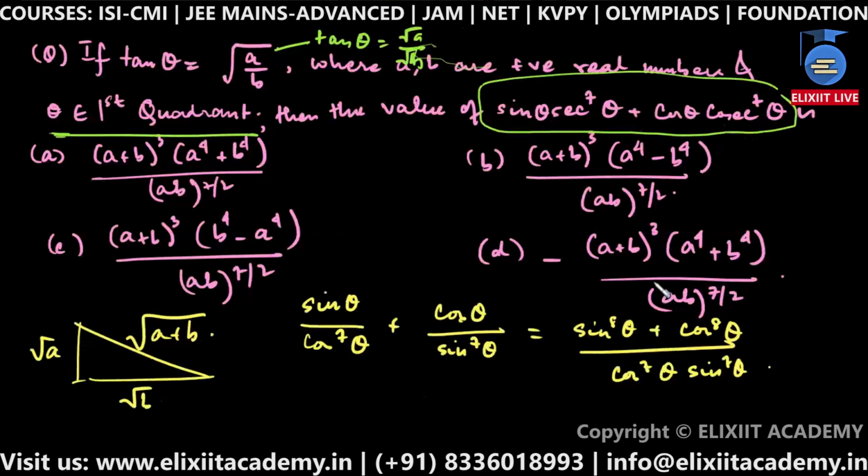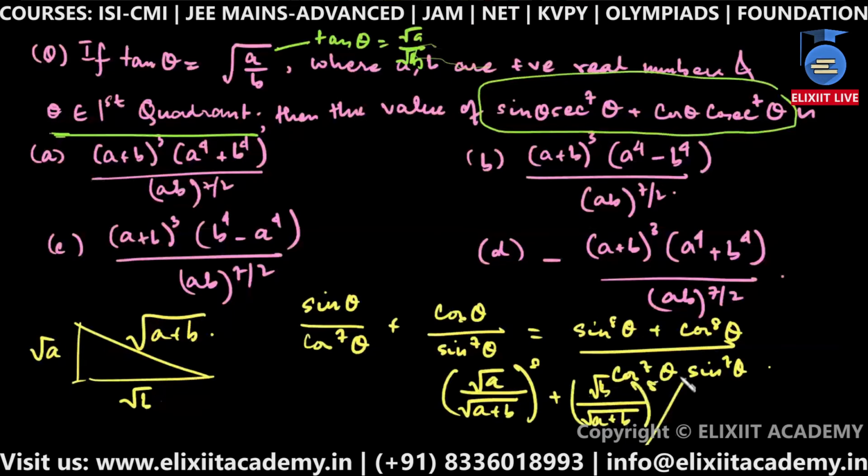So what is sine theta? Sine theta is basically root A by root over of A plus B, whole to the power 8, plus cos to the power 8 theta, which is root B upon root of A plus B, whole to the power 8, upon cos to the power 7 theta into sine to the power 7 theta.